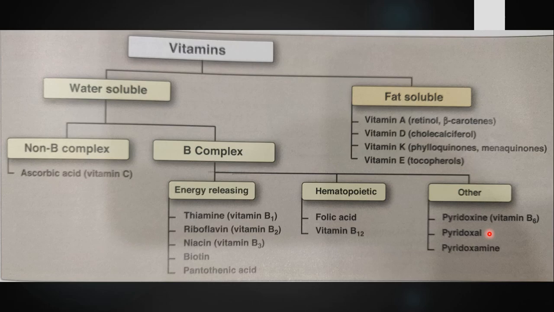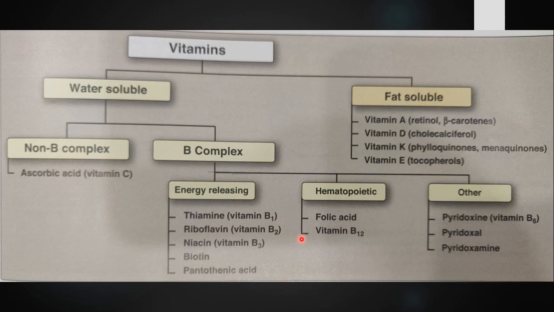But in this book, at page number 373, Lippincott has given another heading for different B complex vitamins. One heading is energy release. Under this, it has given the vitamins that help in those reactions which release energy. Directly they are not producing any energy.